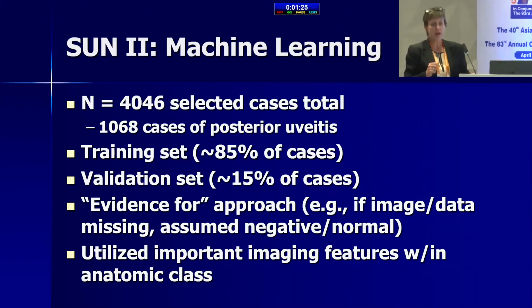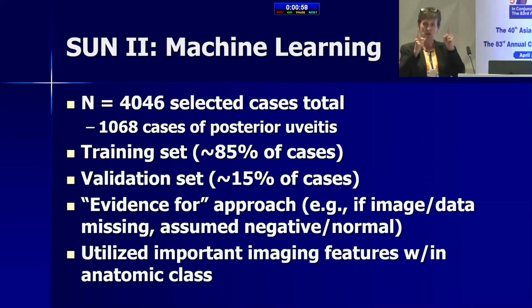Okay? We used something called evidence for because you've got a small number of cases with a lot of different variables. So sometimes what you end up doing is combining variables. For example, for PIC, the computer thought it's important for these lesions to be small, under 100 microns, and for the majority of them to be in the macula.